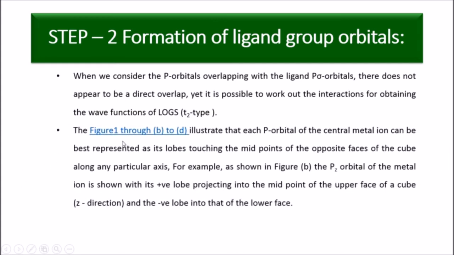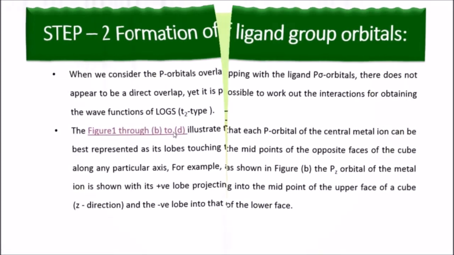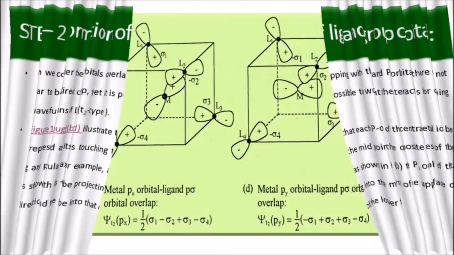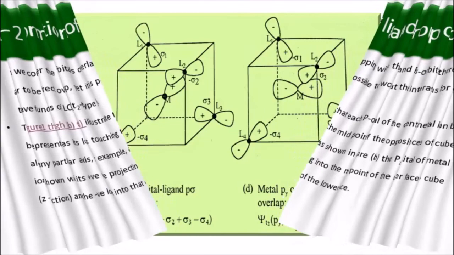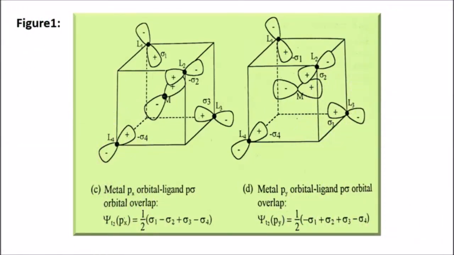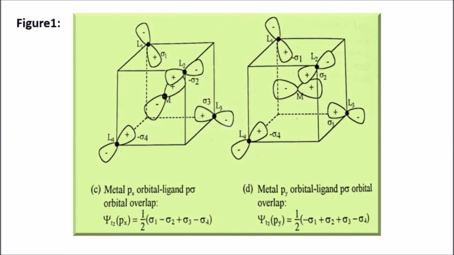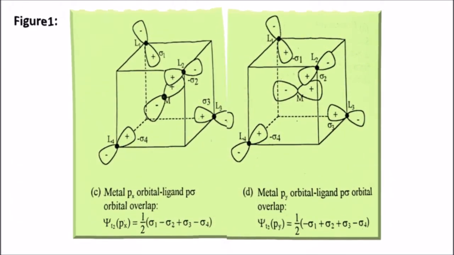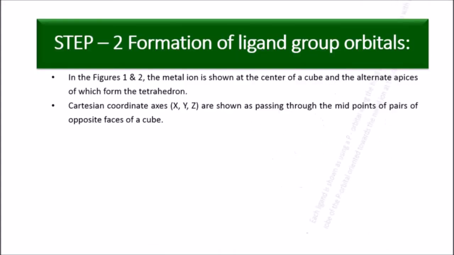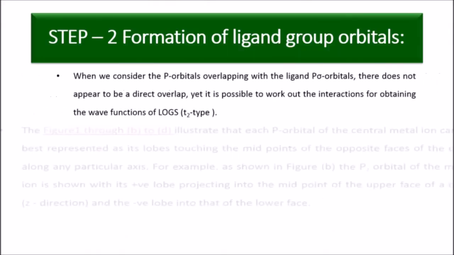In figure 1, we are going to see what B and D would be. Figure 1, B and D. This is the B arrangement, and this is your D arrangement. Figure 1, B and D arrangement we have talked about.